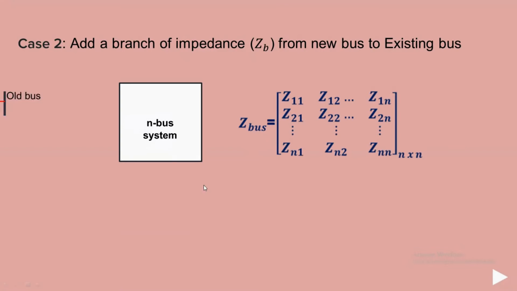Now let's add a branch of impedance ZB between the new bus and the old bus. Old bus, another name is existing bus, is a bus that already exists in this n bus system. Here one new bus is added, so the total number of buses in the system is n plus 1.